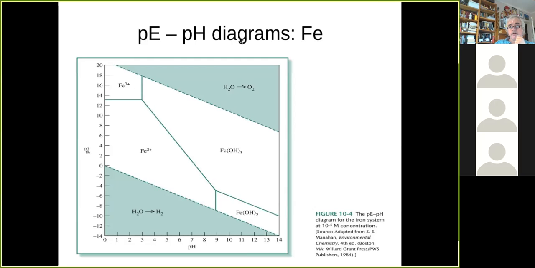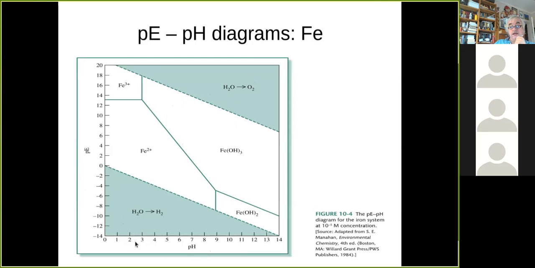Quite a long time, 70 years maybe. It's nothing else than a map of an element's different states as a function of pH as well as E or PE.